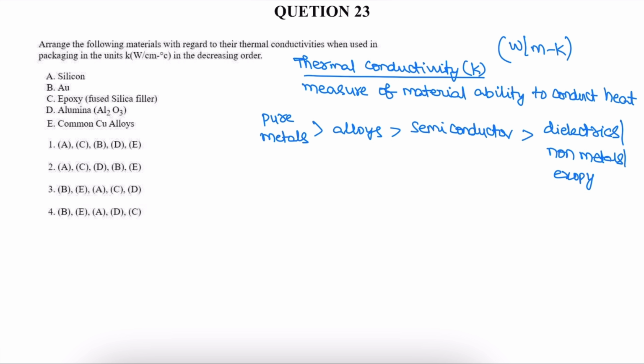So thermal conductivity K is highest for pure metals and K is lowest for dielectrics, non-metals and epoxies.